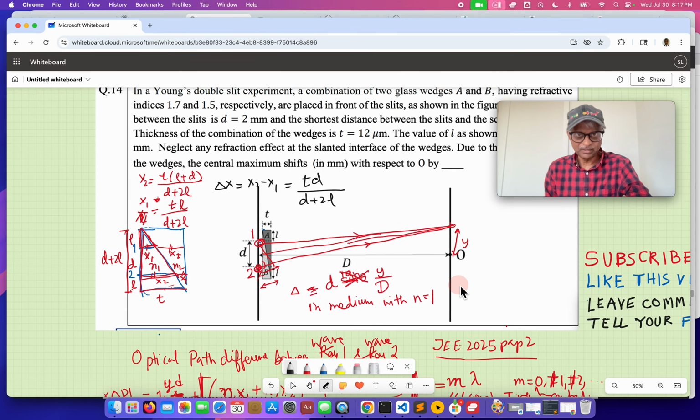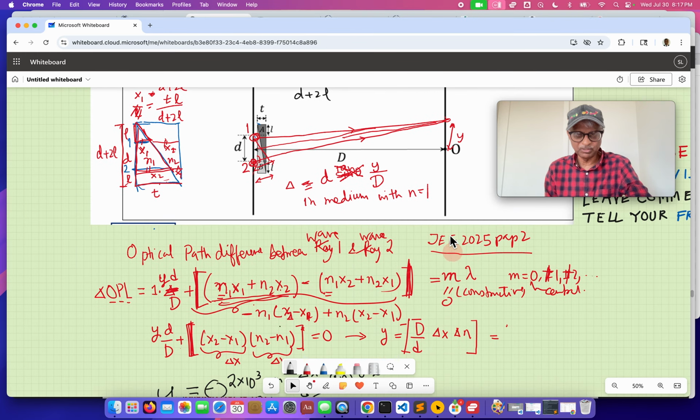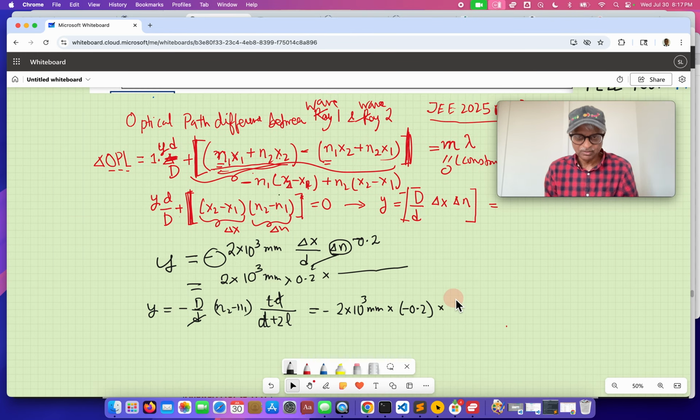Let's see, thickness was 12 micrometers. So let's call it in millimeters, 0.012 millimeter. So the decimal is right there. And D is 2 millimeter and L is 1 millimeter.